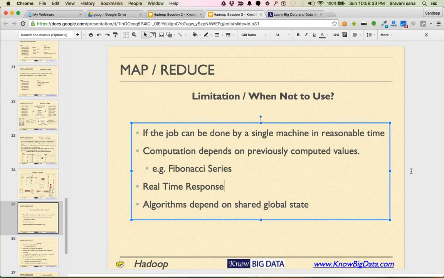Now the fourth thing is, when your algorithm depends on some shared global state. Imagine that the problem which we did discuss just now, where we had two lists, list 1 and list 2.